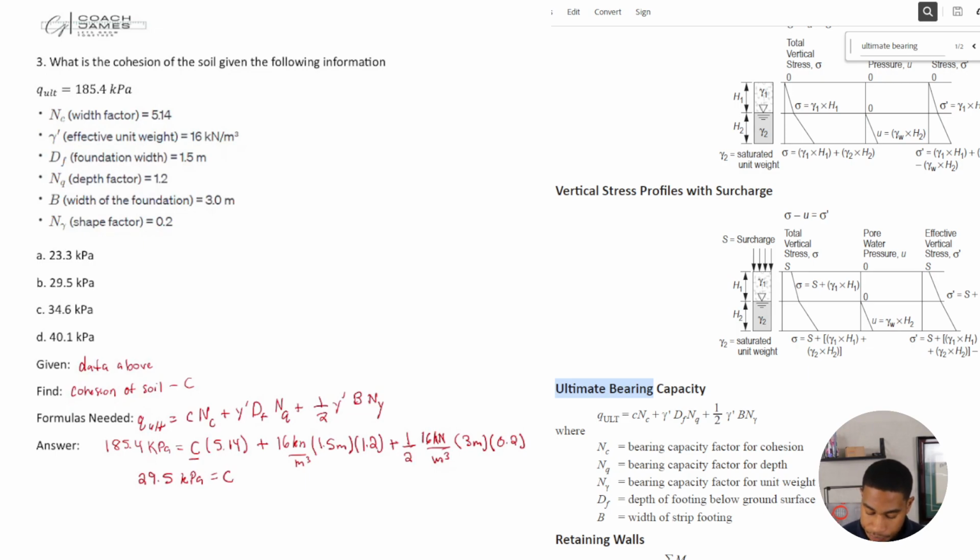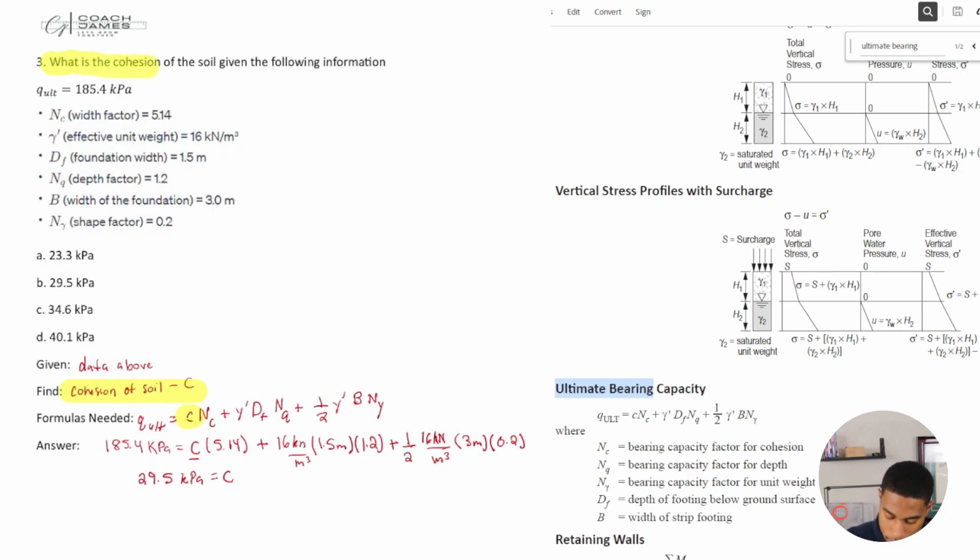All right. So these are not super tough. You just need to know what you're solving for. Right? In this case, in this ultimate bearing capacity equation, I was looking for C. Trying to highlight it. Looking for C. We're trying to find cohesion of the soil.